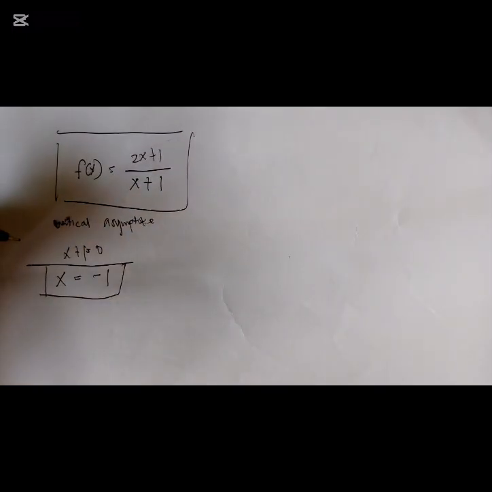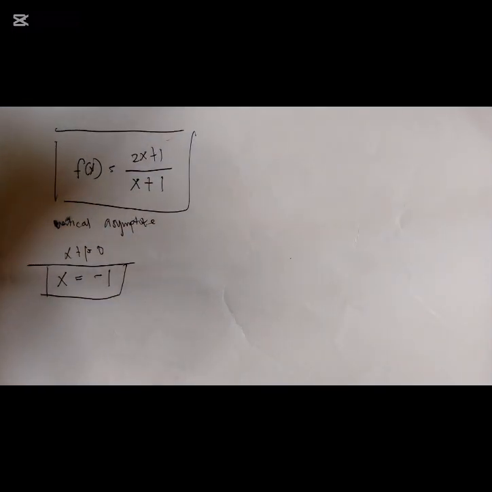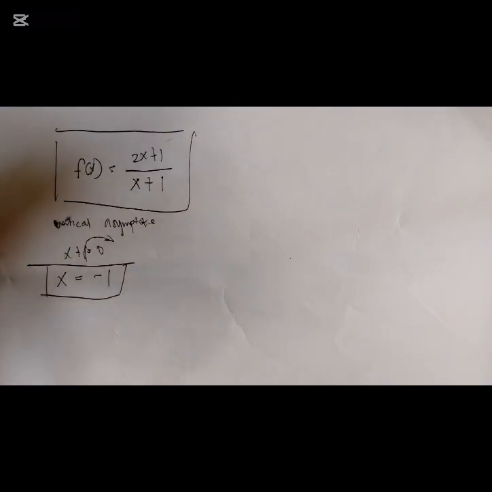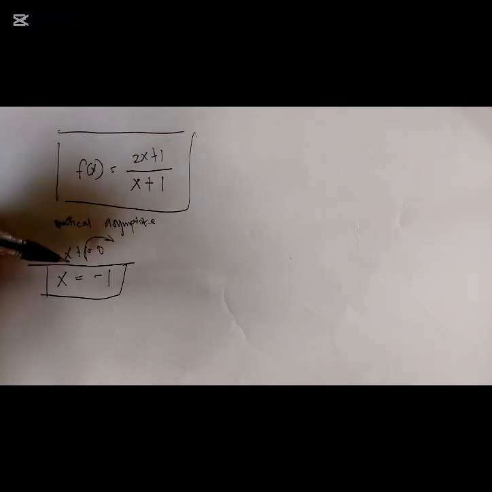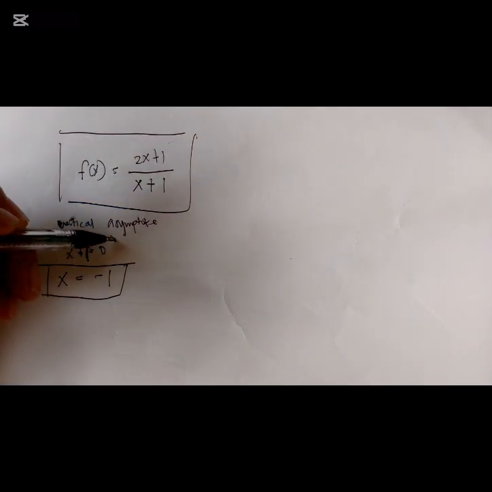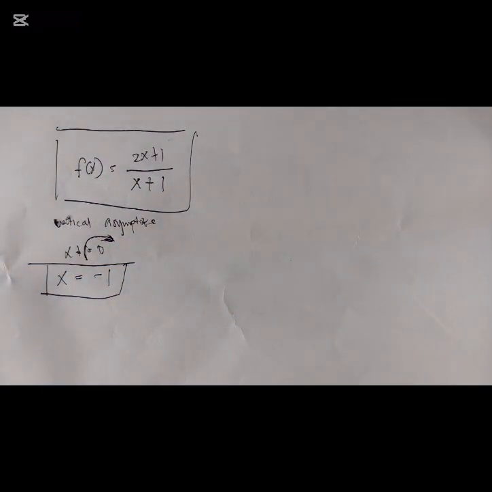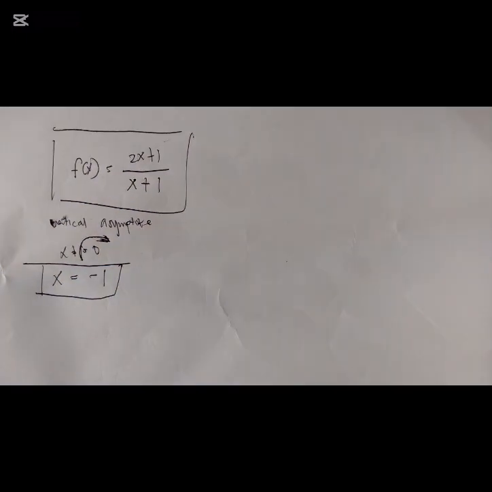Just remember that if you transpose a positive value across the equal sign, it will become negative. If the value is negative and you transpose it across the equal sign, it will become positive. So that is the vertical asymptote.